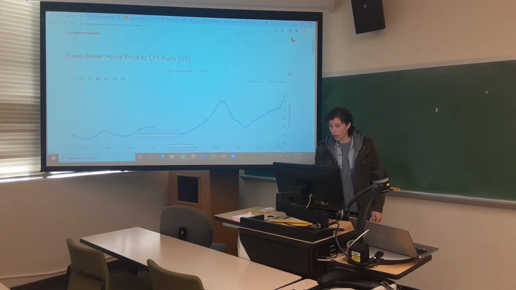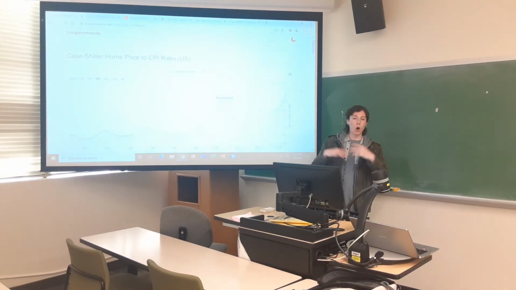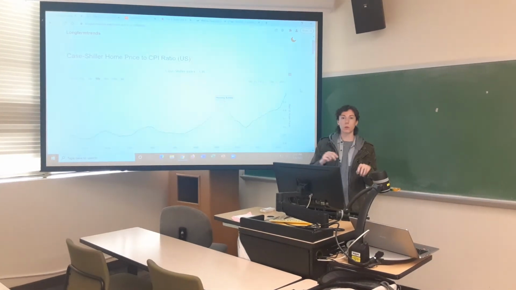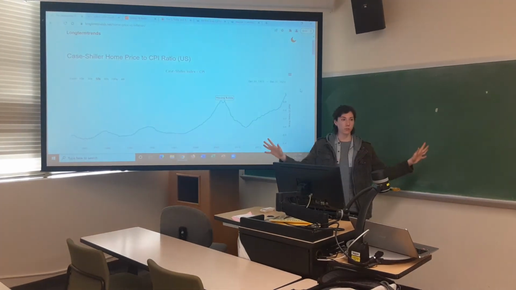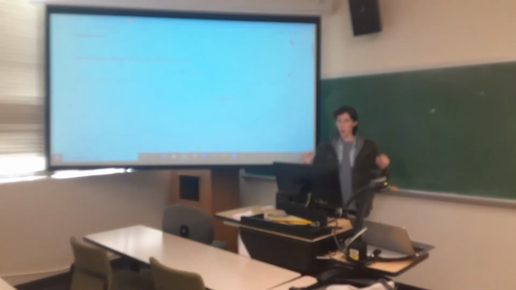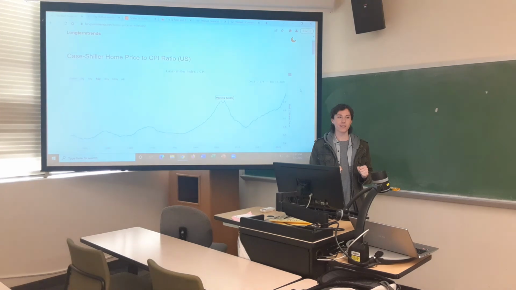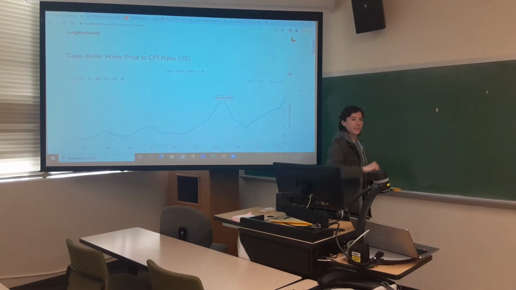So, the point about this, let me put this into a nutshell. This is the home index, the prices of the homes, divided by CPI, which is the consumer price index, inflation. That's what that means. Does anyone know what's going on with inflation right now? Anyone? Yeah? Forrest. It's just going sky high.